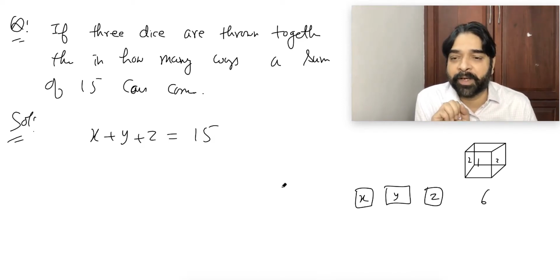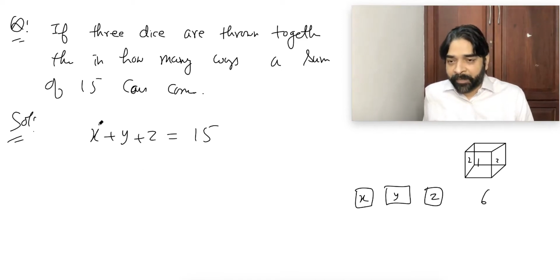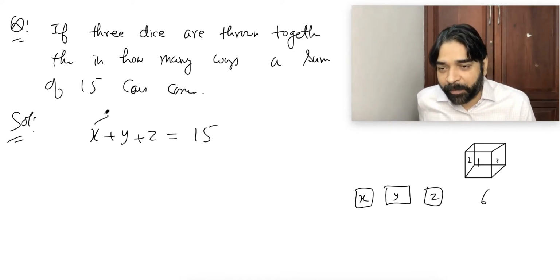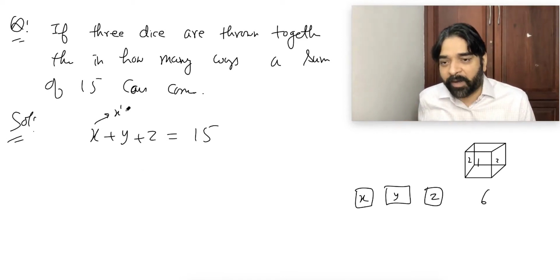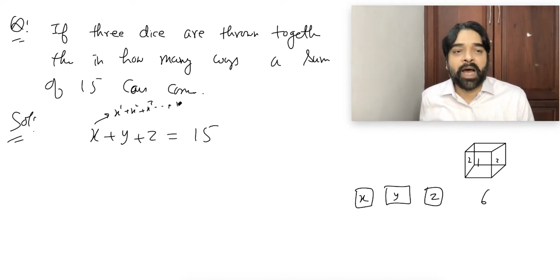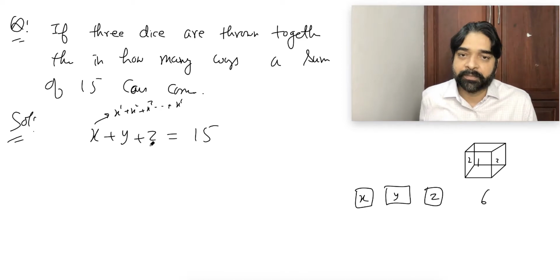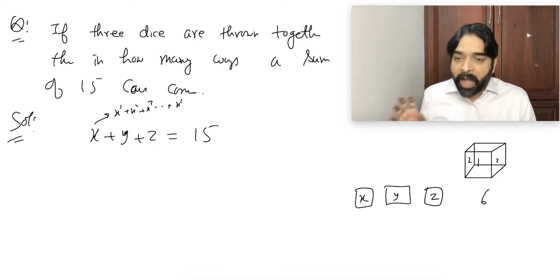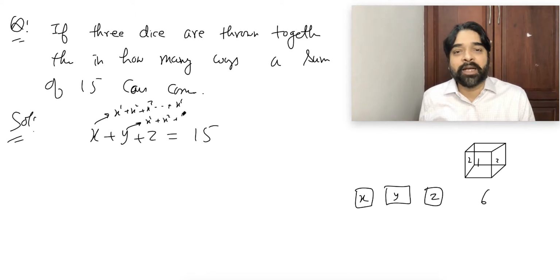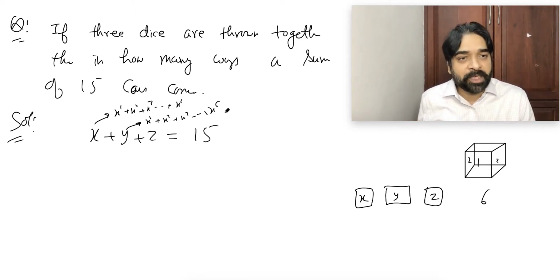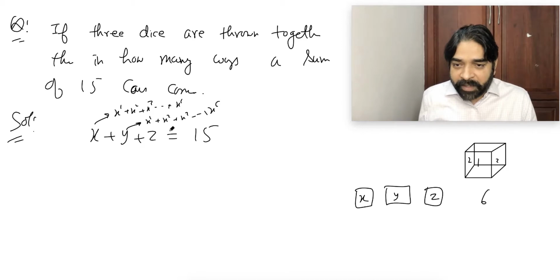Listen to me very carefully now. I can say this can give you either x power 1 or x power 2 or x power 3, and so on up to x power 6. And this can give you x power 1 or x power 2 or x power 3 up to x power 6. This also, I will say the same thing.